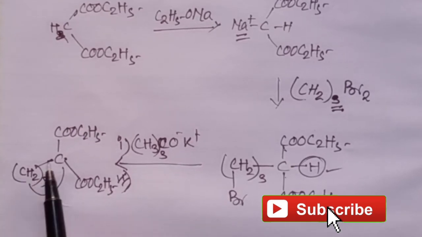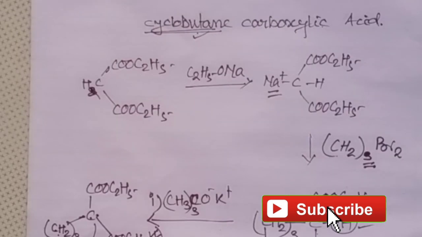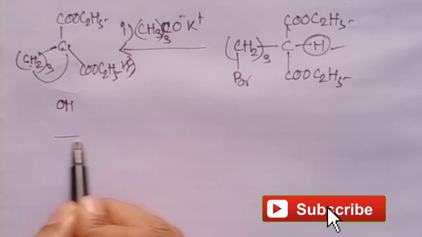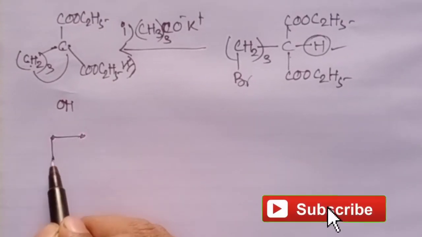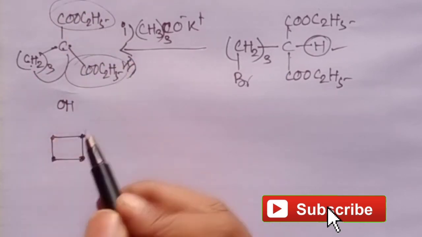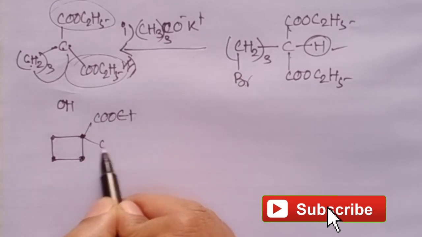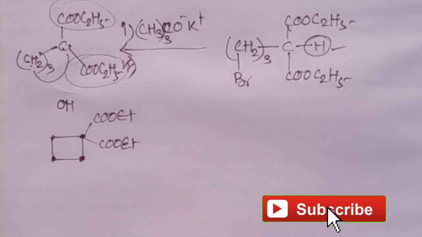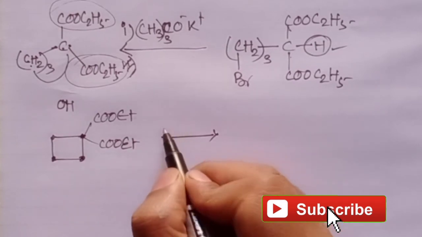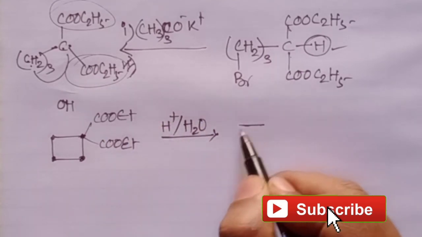So this particular group can be drawn as 1, 2, 3, 4. So hence it can be drawn as a four-membered ring with COOEt, COOEt. Et means ethyl. Which on acidic hydrolysis, H plus and water, will lead to the carboxylic group.